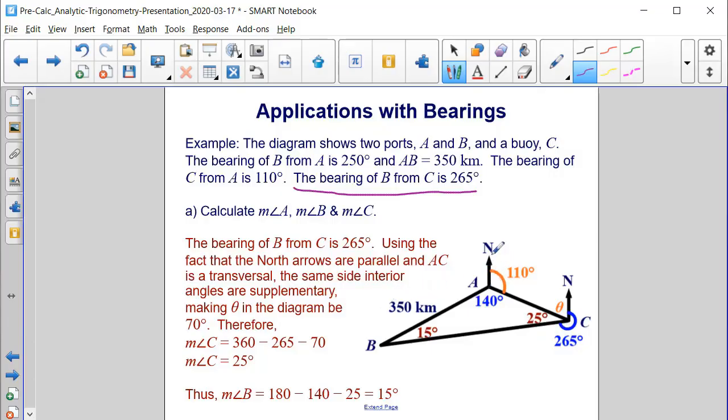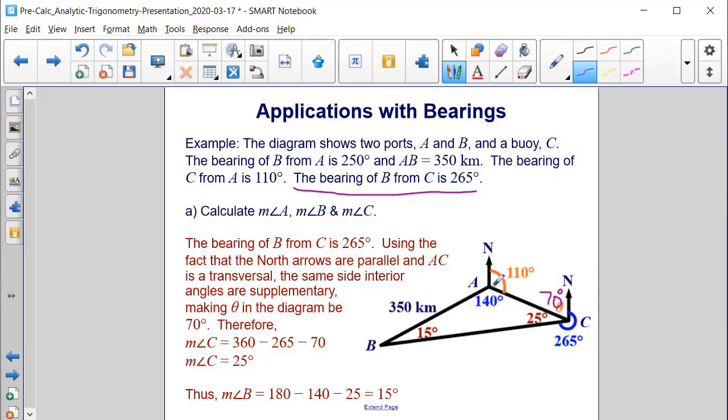We know that the north arrows are parallel to one another, and using that piece of information, we can determine that the measurement of this angle theta is going to be 180 degrees minus 110, which is 70, because we have same side interior angles, and they are supplementary.